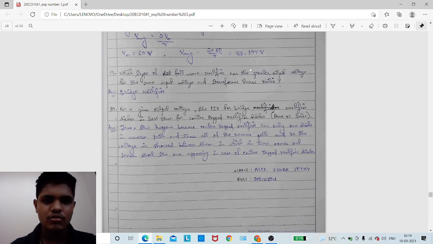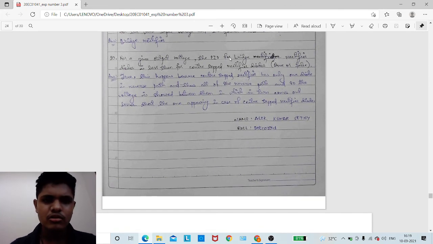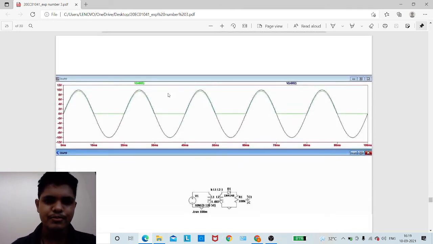Which type of full wave rectifier has greater output voltage for the same input voltage and transformer turns ratio? It will be the bridge rectifier. For a given output voltage, the PIV of a bridge rectifier diode is less than that of center tapped rectifier diodes. True or false? This will be true.